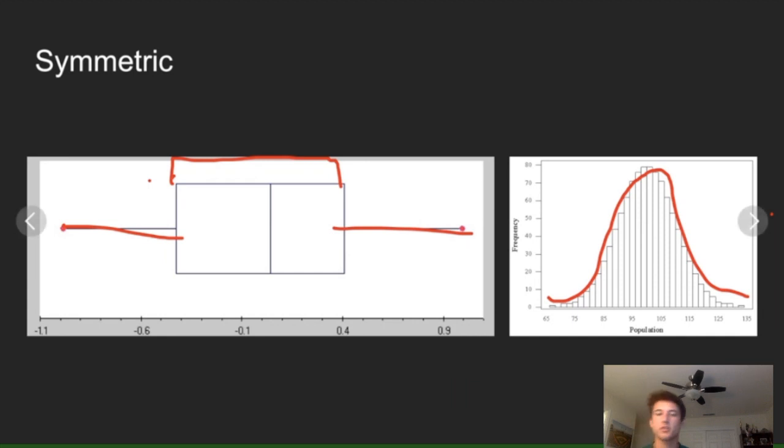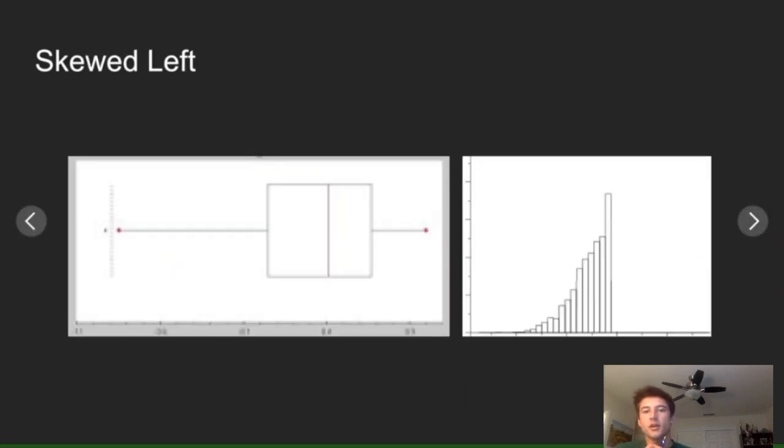So this is what a skewed left distribution is going to look like. As we can see, it's very long on the left side. And the hardest part about remembering skewed left is whether skewed left means it's on the left or right side of the line. Now skewed, think of it like strung out, like it's very thin on one side.